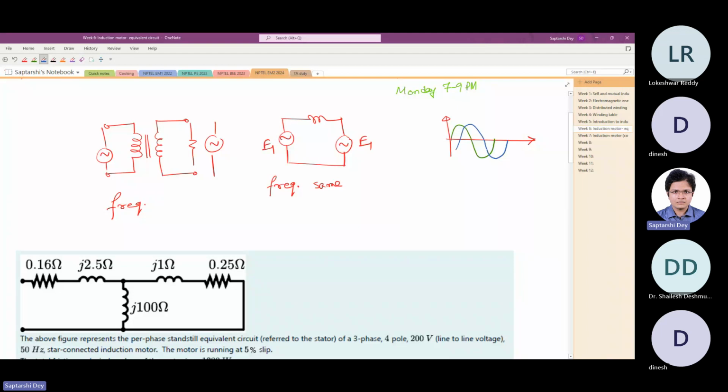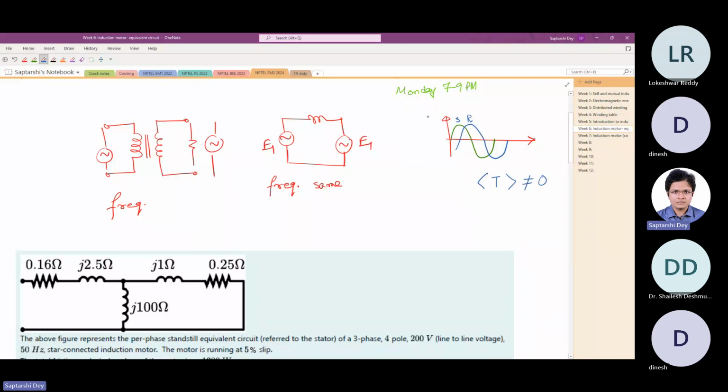That may be the stator, that may be the rotor, that may be the synchronously rotating reference frame, that may be any other randomly rotating reference frame, whatever. But if you look at the stator and rotor magnetic field, you will see that they are static with respect to each other, or in other words, their relative speed is zero. Then only non-zero average torque is possible.